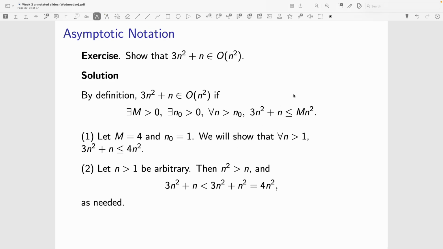Now we'll show that n squared plus n is in big O of n squared. So how are we going to do this? Probably another instance of the rounding up trick. Let's try it.